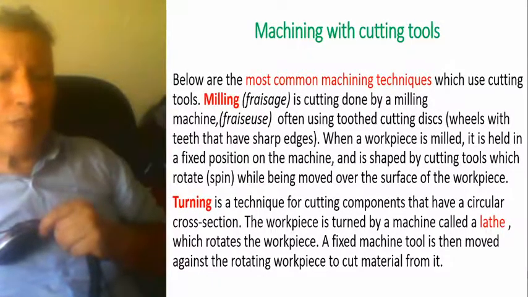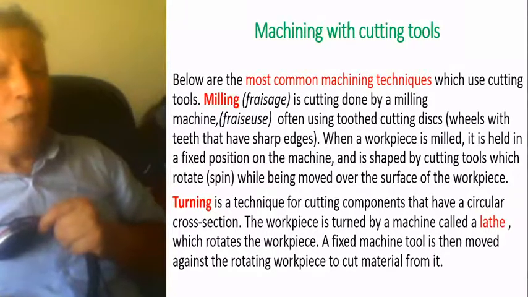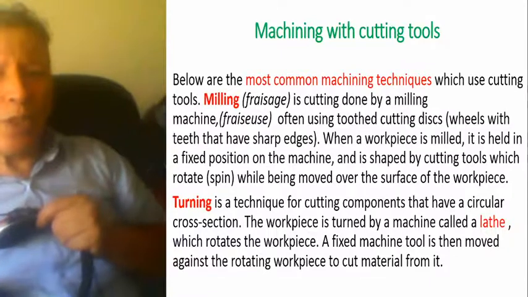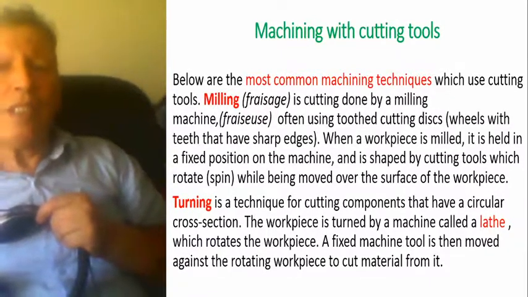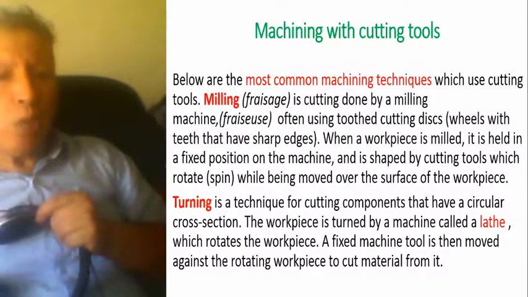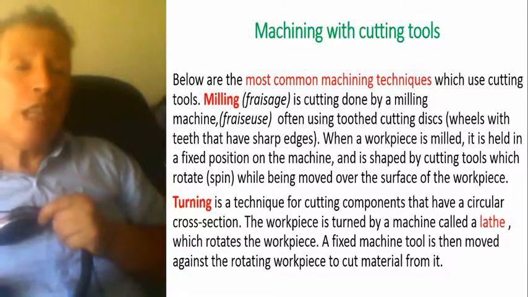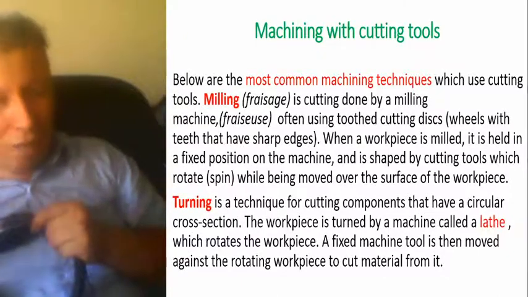There is also another technique which is turning. Turning is a technique for cutting components that have a circular cross section. The workpiece is turned by a machine called a lathe, which rotates the workpiece, which means it's the workpiece which rotates while the cutting edge is fixed.